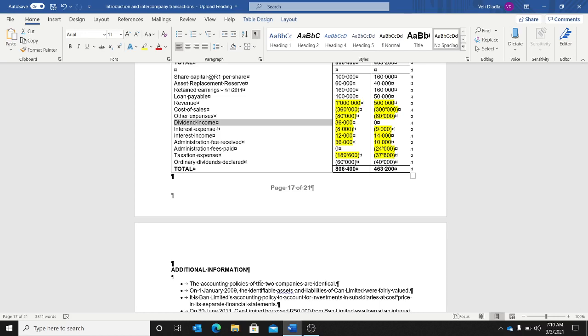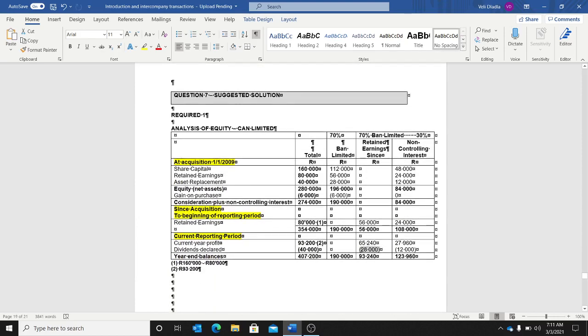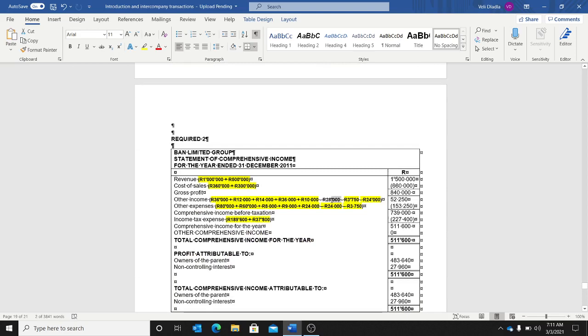But what do the principles of intercompany say? They say on consolidation, you must eliminate the transaction. Okay. Right. Now, this 28, like I've said, is intercompany. It must be eliminated.